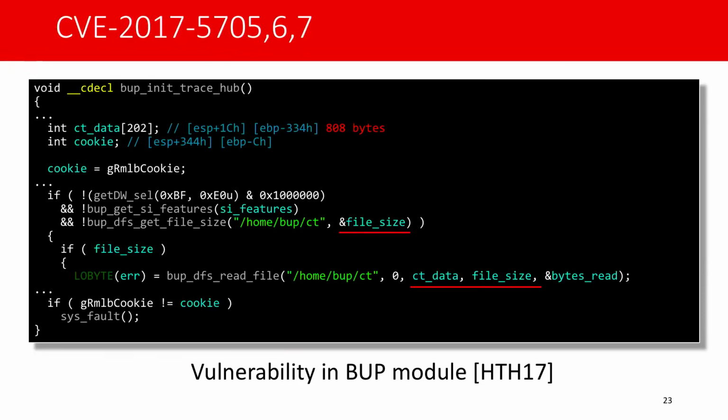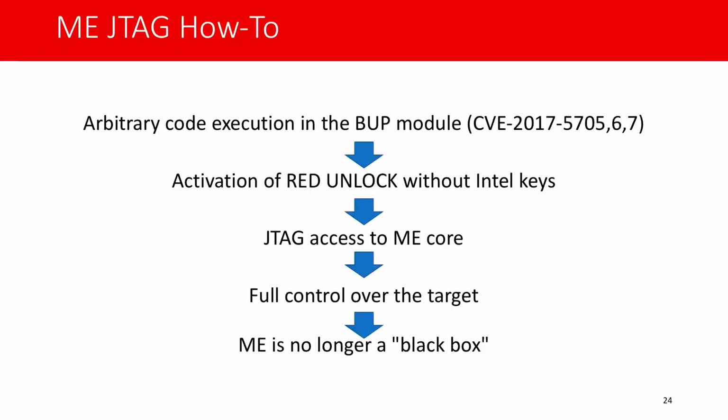Instead of the local buffer size, the DFS read file function gets the size of the whole file. How we exploited this vulnerability you can find in our presentation from Black Hat. And using the vulnerability, we also activated JTAG for the Management Engine.